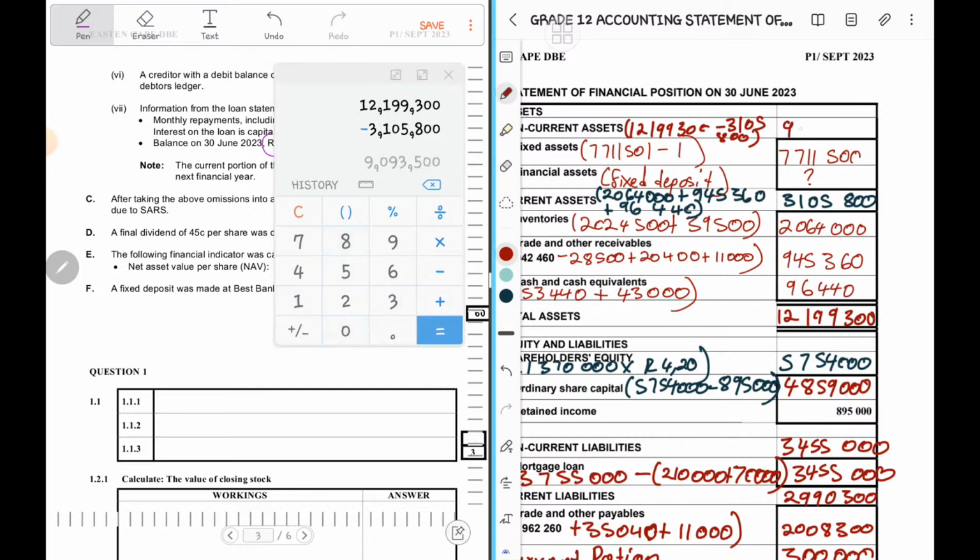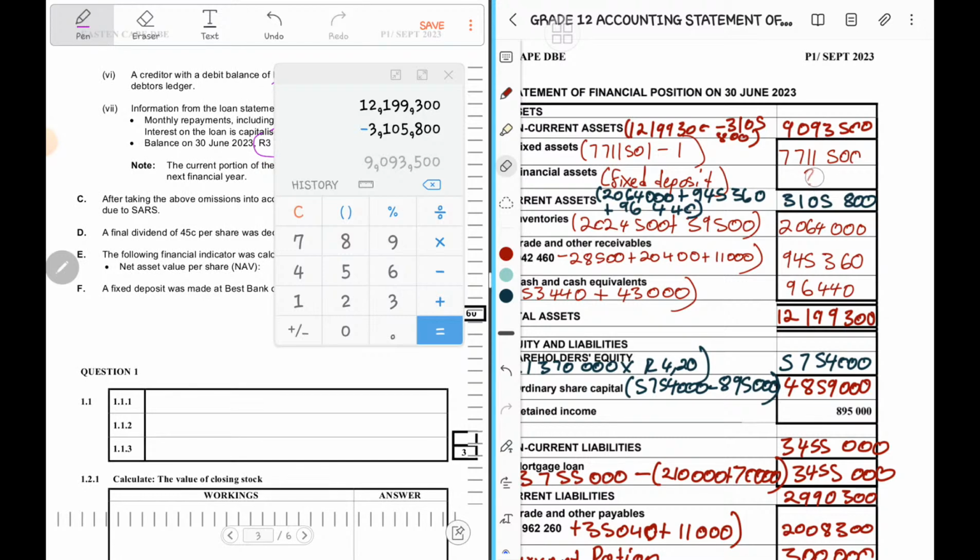That gives us 9,093,500. Then that makes our financial assets a question mark, so that we can find it. It's a balancing figure. Then we subtract the fixed assets of 7,711,500. Then it's 1,382,000. That's how we do it, guys. That's our statement of financial position.